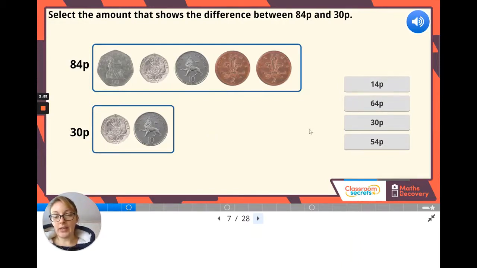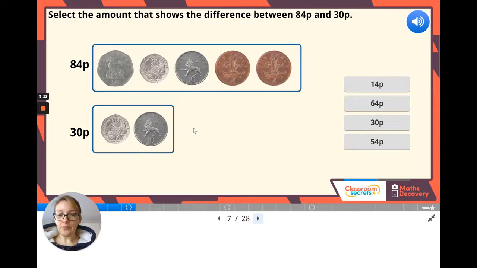Is it 14p, 64p, 30p or 54p? So have a little look, pause the screen and see if you can work out the difference, how much more is in this top group compared to the bottom group. Look carefully at the coins and see if you can work out what the difference is, how much more it has.